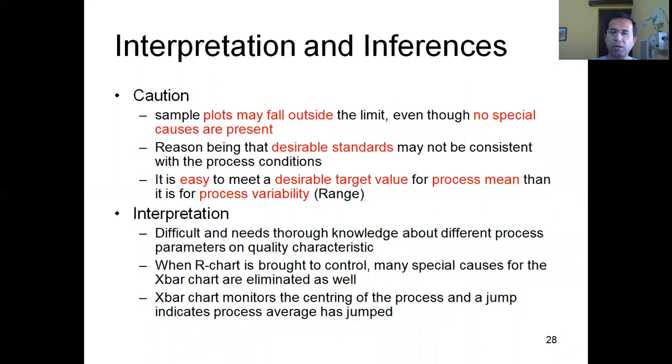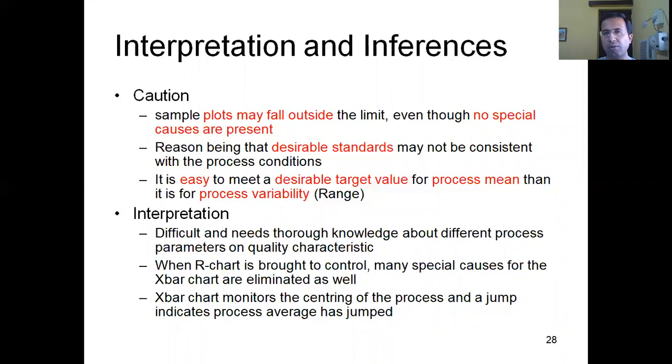At times a point may fall outside the control limits and it might be just a random cause also. It may not be a solid reason for a special cause of variation. So in that case, you may have to just let it go.